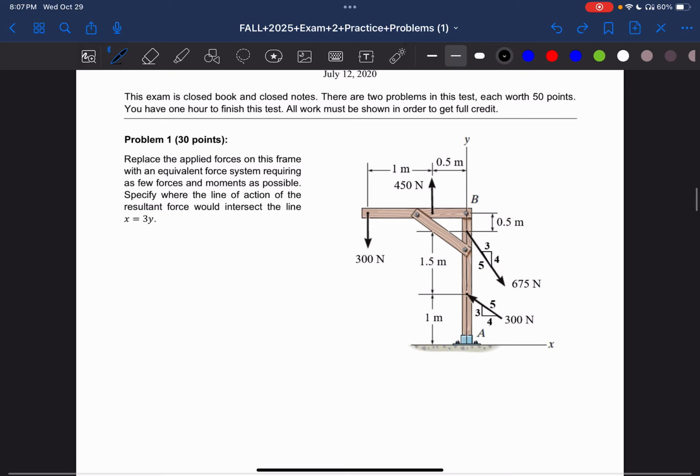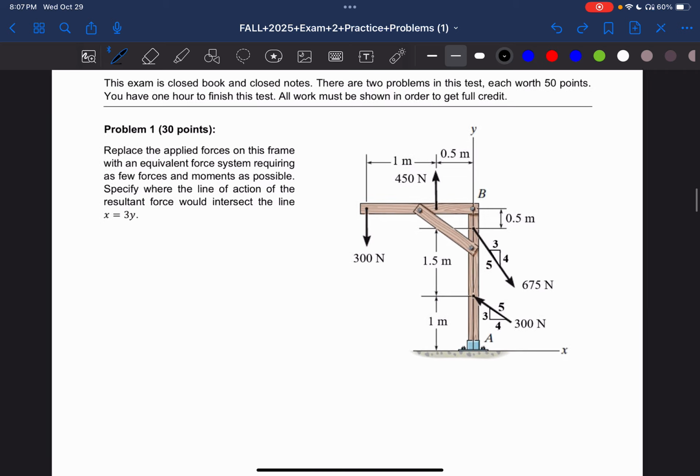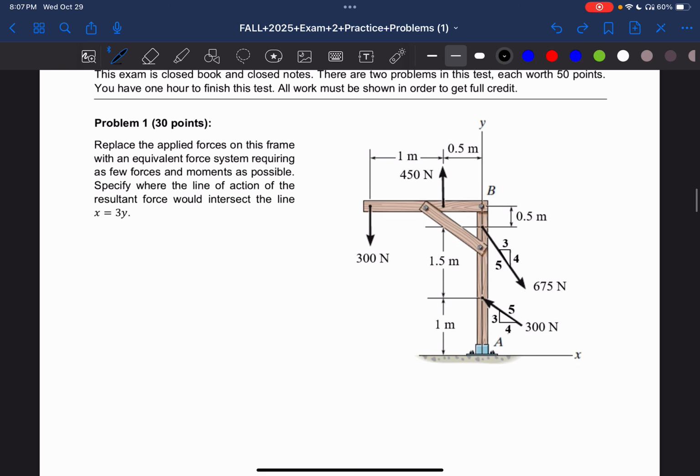So here, replace it. What is this called? Coplanar, whatever, it doesn't really matter. Just sum of the forces in the y, sum of the forces in the x, and then we can move it wherever we want. So we have to draw a free body diagram, else we're going to lose points, so let's draw that right now. This, right?